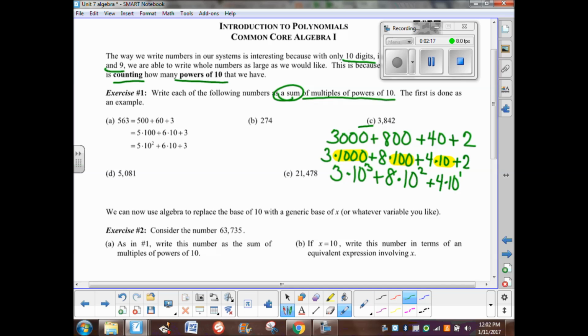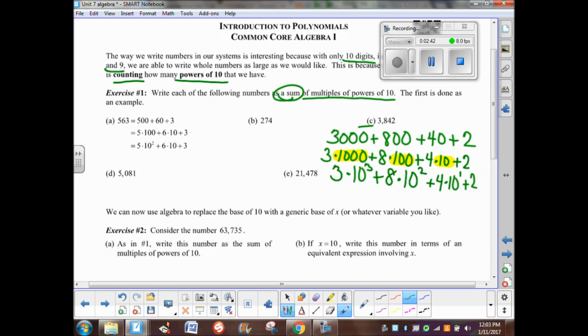Plus 2, and if we continue this pattern, really there's a 10 to the 0 power there. We don't need to write it because it's understood, because anything to the 0 power is just 1. So I took my 3,842, I expanded it, and then I was able to write it as a power of 10. It's dealing with the place values there.